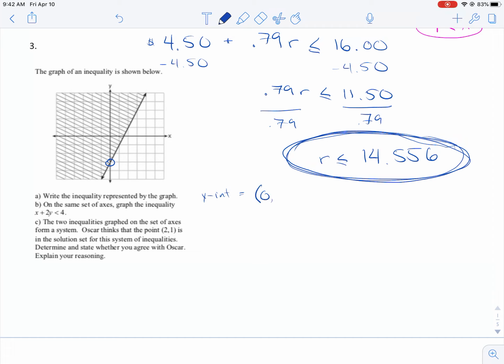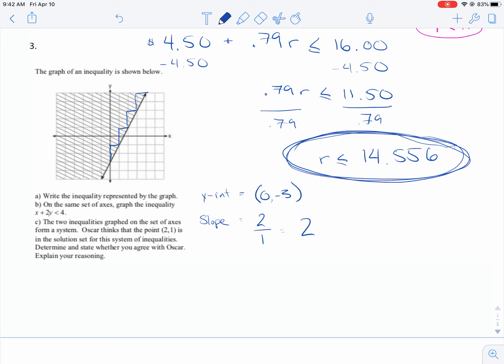Write the inequality represented by the graph. This is linear, which is nice. I see a y-intercept, which is (0, -3). And then I'm going to measure its slope. Up 2 over 1, up 2 over 1.